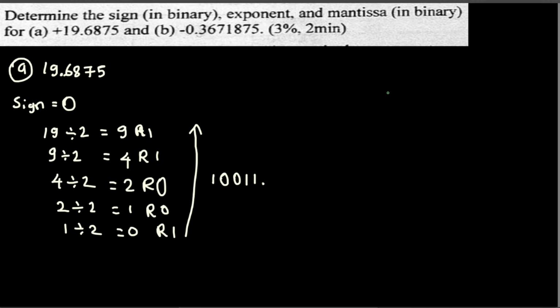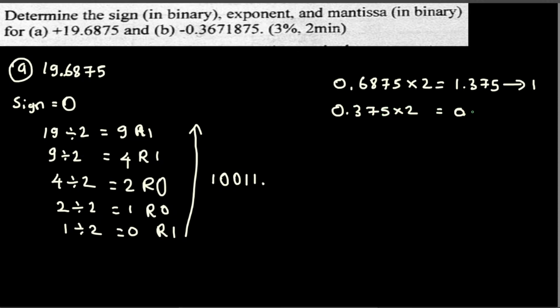And now we have to convert the fractional part. To convert the fractional part, we keep multiplying the fractional part by 2 until we get 0.0. So here we have 0.6875, and if I multiply this by 2, that gives us 1.375. Before the decimal point we have 1, put it right here, and then 0.375 multiplied by 2 gives us 0.75, and here we have 0, so we put it right here.